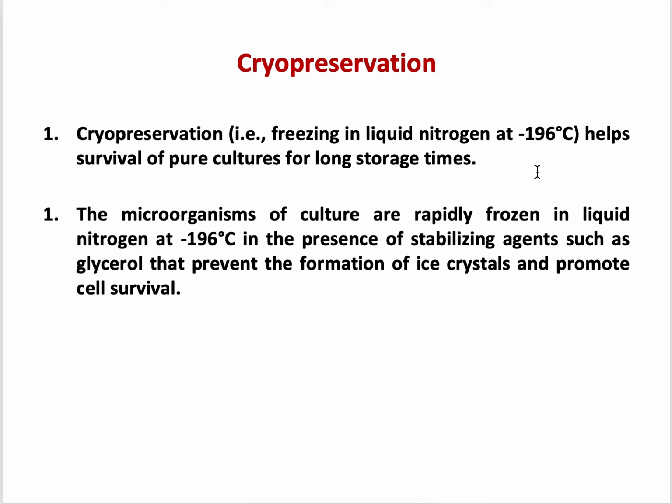Not only microorganisms, we also store cells like mammalian cells, ES cells or plant cells at this temperature. So this is actually the best temperature to store the cells. If you store your organisms at this temperature, it is called cryopreservation.